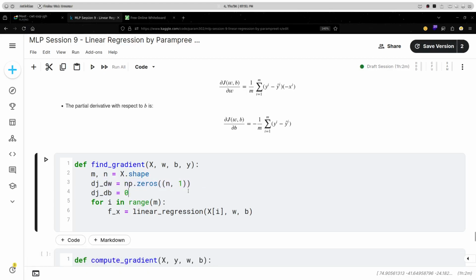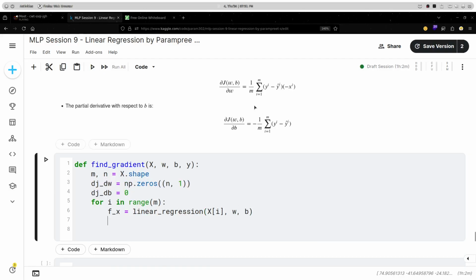Then what we do, after finding the linear regression, which is y hat, is compute this dj_dw.